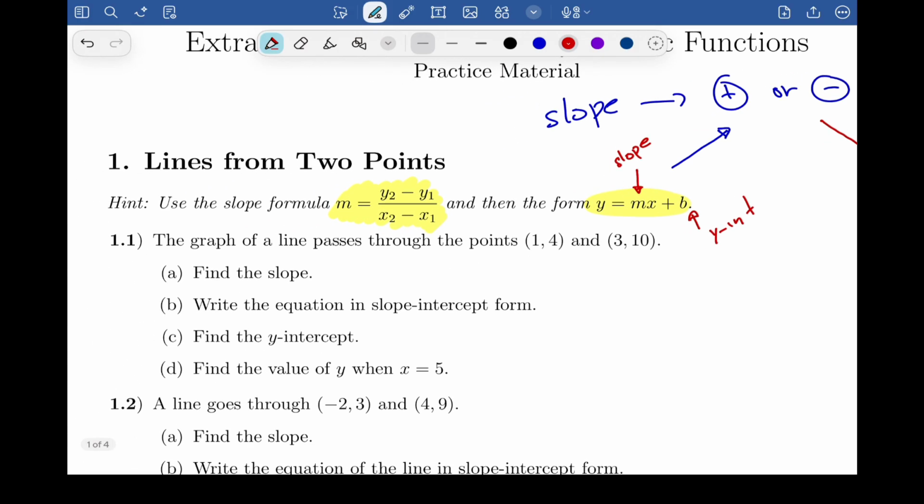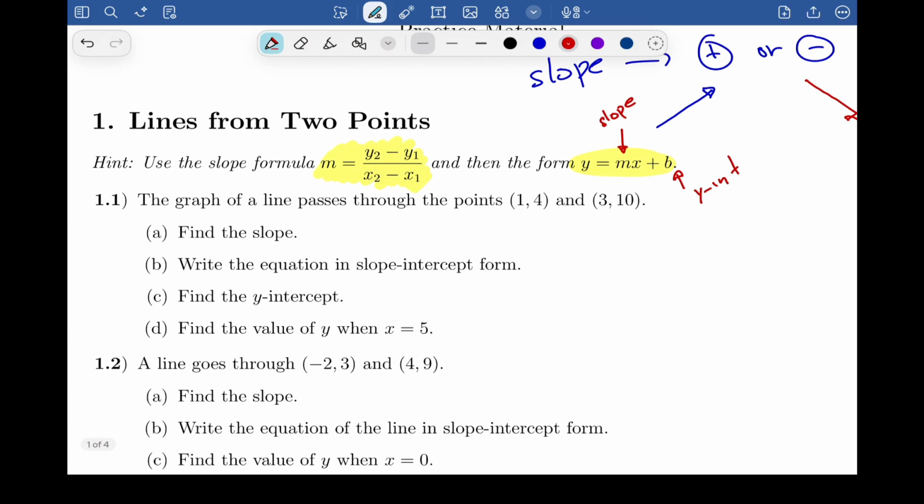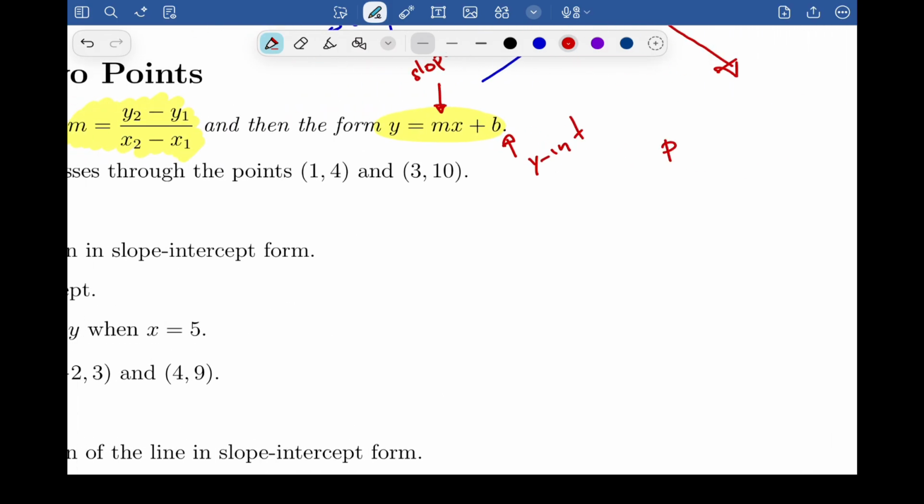So what happens when we have this situation? The graph of a line passes through the points, and then we have to find the slope. Every single time that we already have the points, remember, a point always has coordinates x, comma, y.